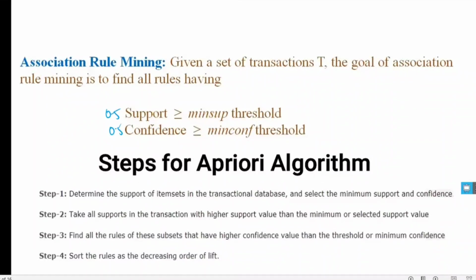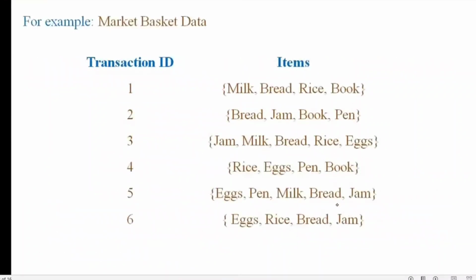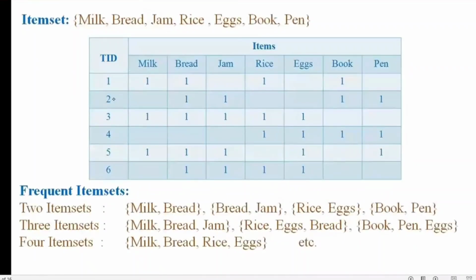So here, first we have to take the frequent items. In this given list, first I have to do the encoding. This is called one hot encoding or dummy encoding, and in this association rule it is called transaction encoding. In your first transaction, it consists of milk, bread, rice, and book.